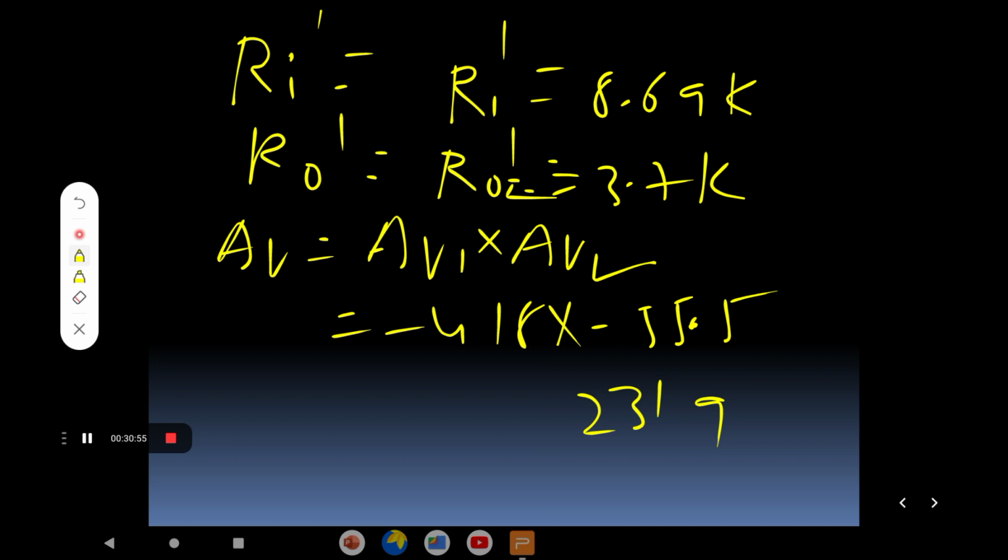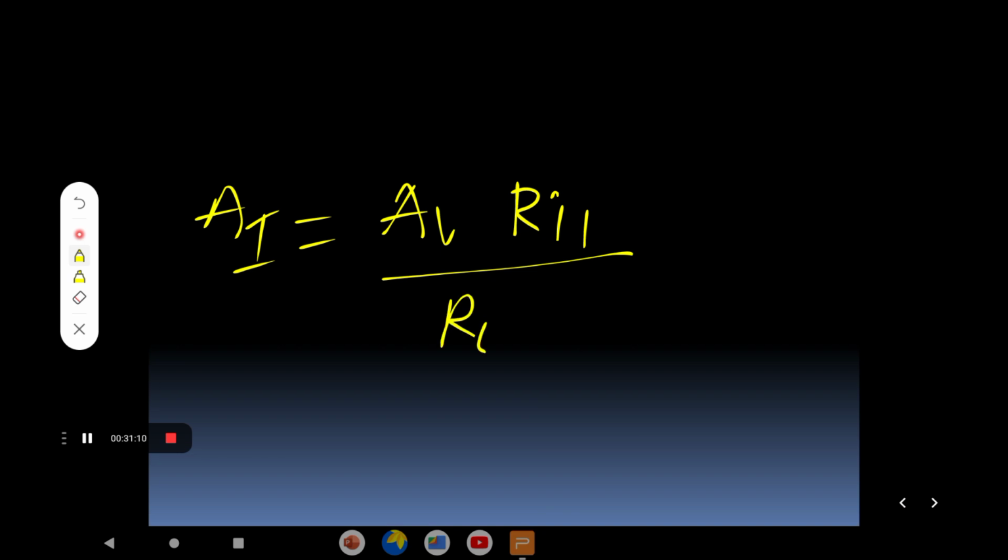At the same time, the current gain AI is equal to AV into Ri1 divided by RL dash. This is a formula actually. These are all known terms to you, so you will calculate the AI value also.